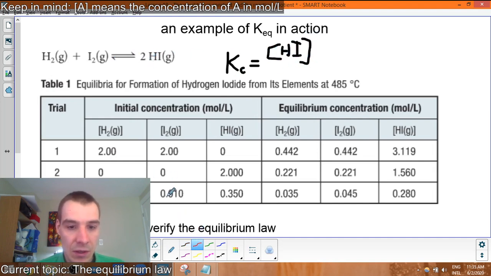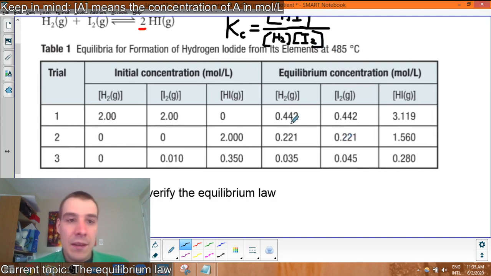There's 2 HIs, and that's going to make a squared. HI squared over, right? It's products on top, reactants on the bottom. Now these have just a 1 in front of them, so it's to the power of 1. So over the reactants to the power of 1. So concentration of H2 in moles per liter, and concentration of I2 in moles per liter.